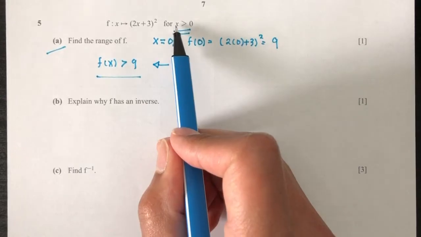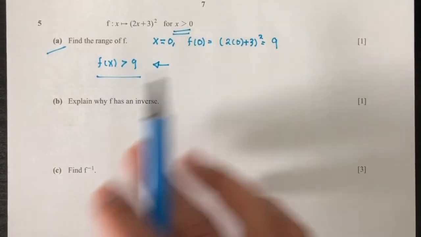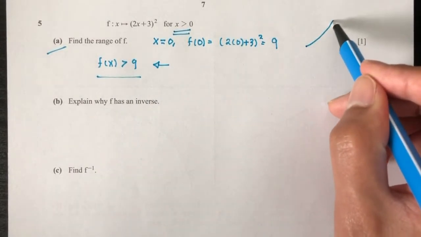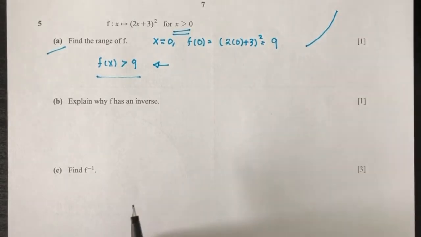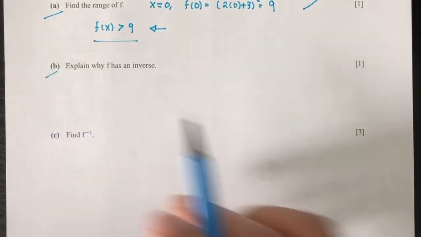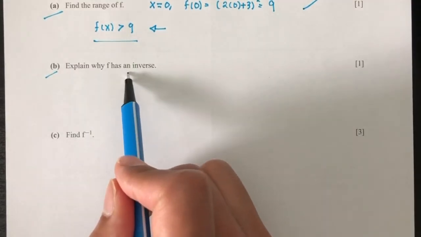As you can see, if the values of x increase, the value here will also go up. So it will always be going up. It will never slow down. Now part B, explain why f has an inverse.